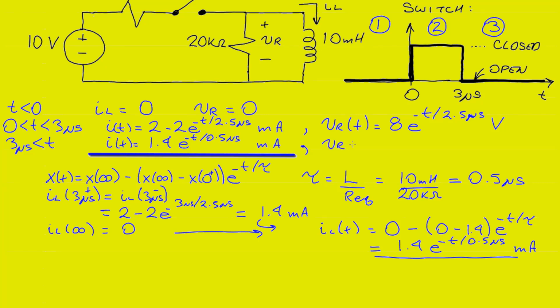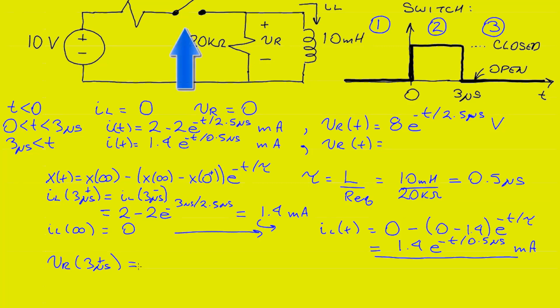Lastly, we want to find the resistor voltage as a function of time. To begin, we want to find the resistor voltage at 3 microseconds on the positive side. At 3 microseconds, our switch opens, but our inductor still has current in it, flowing down through the inductor, and it will be forced to flow back up through the resistor.